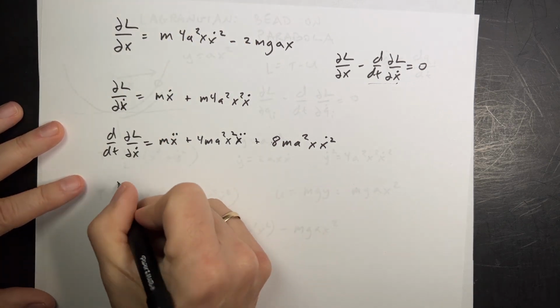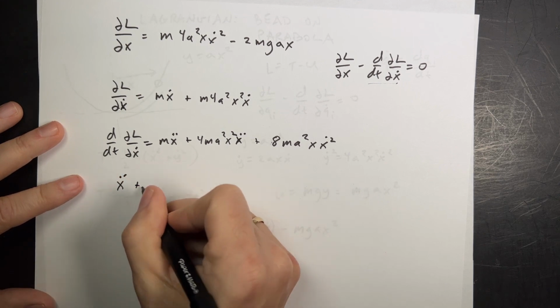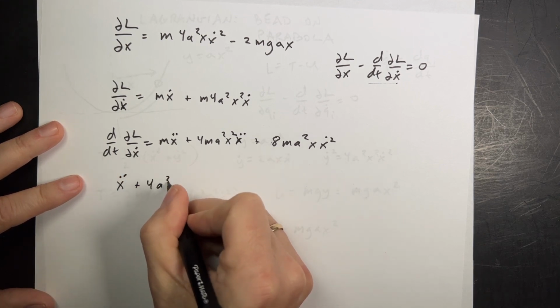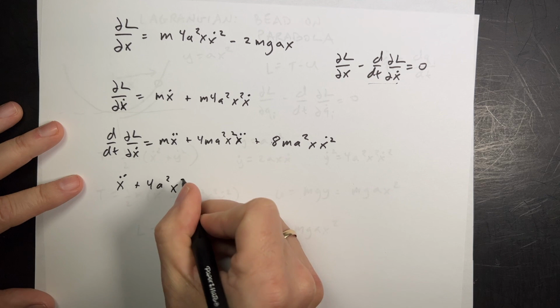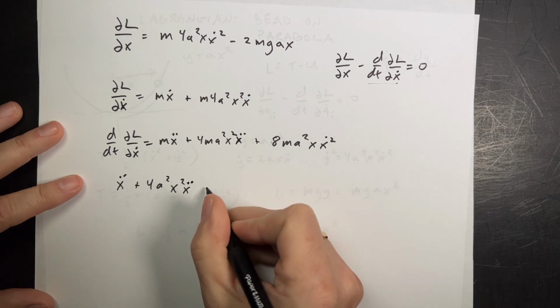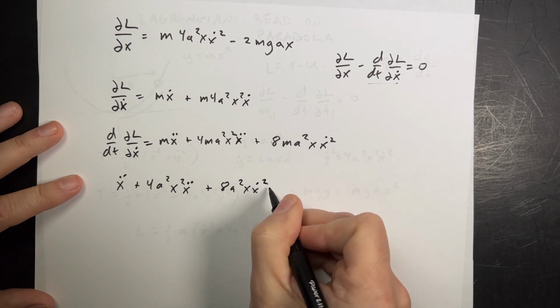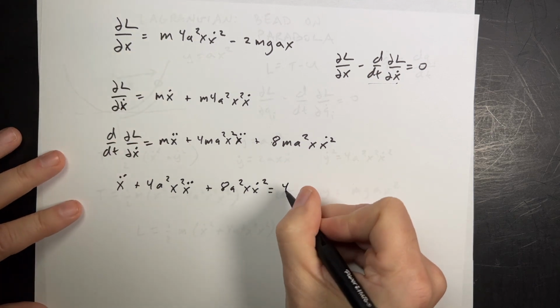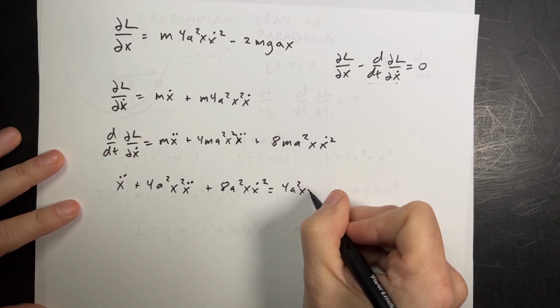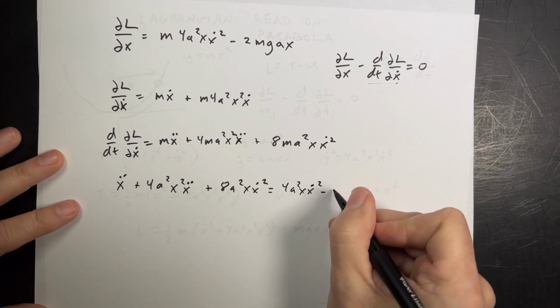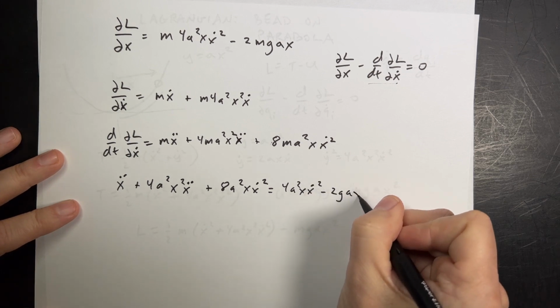So let's write this as x double dot plus 4a squared x double dot plus 8a squared x dot squared equals 4a squared x dot squared minus 2gax.